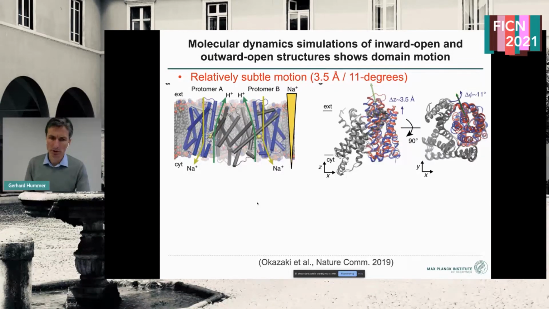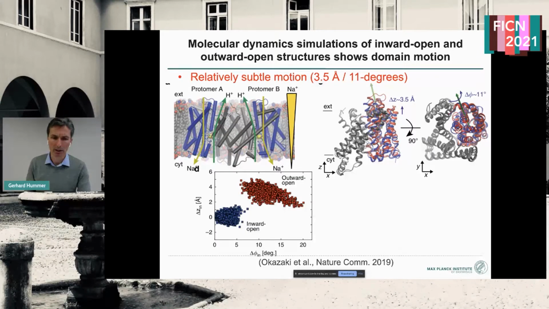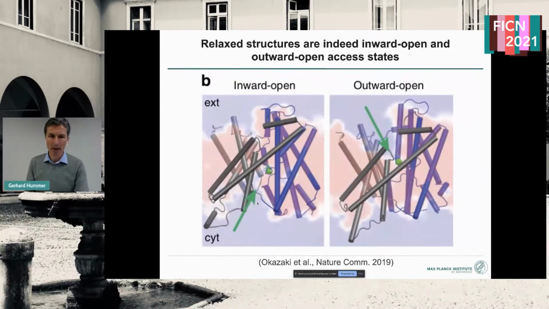So the motion is on a much smaller scale and appears much gentler, and this is illustrated here by showing the vertical displacement on the vertical axis and the rotation angle on the x-axis in simulations in the inward open and the outward open configurations, and you can see about 10 degree rotation, about 3 angstrom vertical displacement. Nevertheless, the simulations confirm that the two models actually have an alternating access.